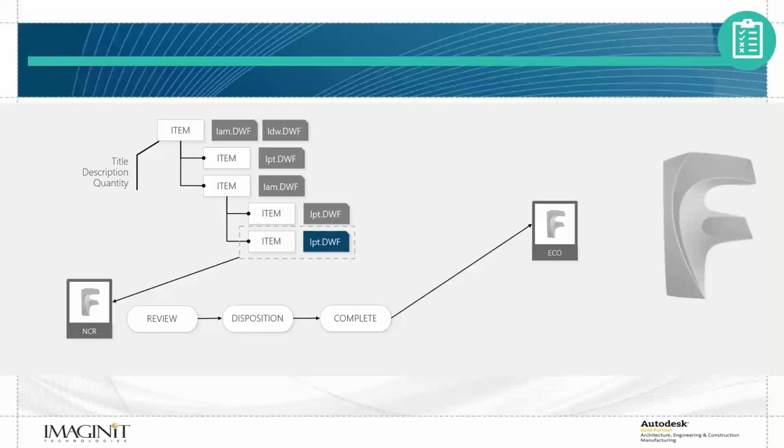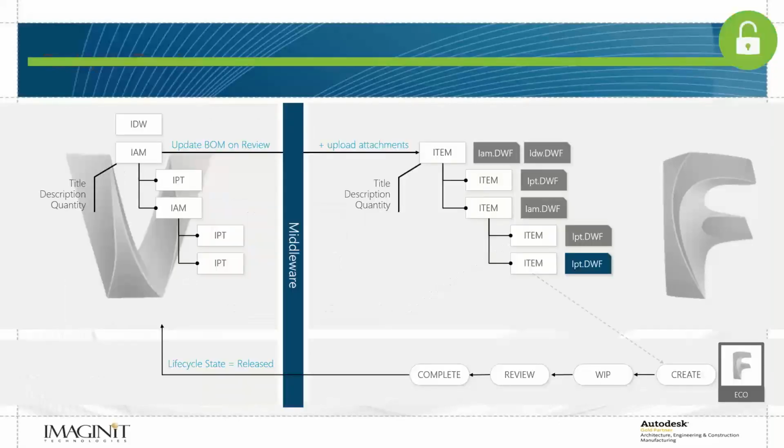The way that would work is we would have an ECO generated. That ECO would go through a state and then again affect my Inventor files, affect my files that I have in Fusion Lifecycle. So we push this information back and forth between there.